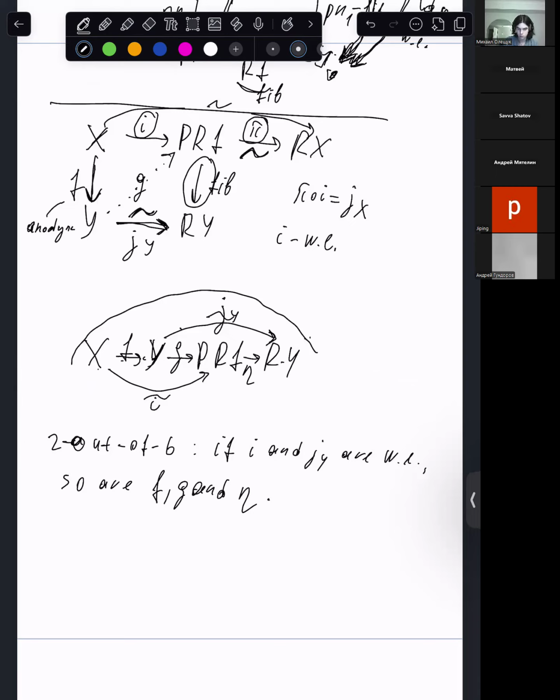And we know that if we have a model category, we have a functor to its homotopy category. That is also a localization of category C at weak equivalences that takes weak equivalences to isomorphisms.